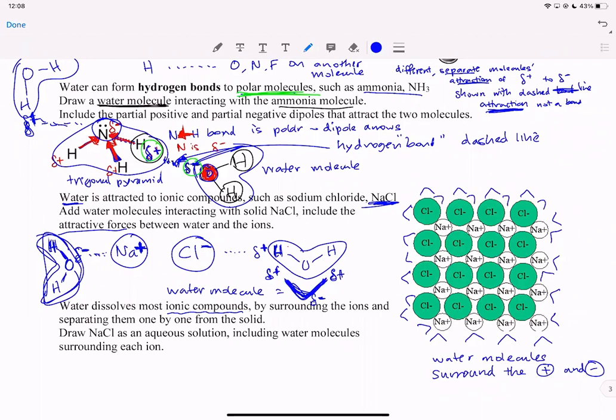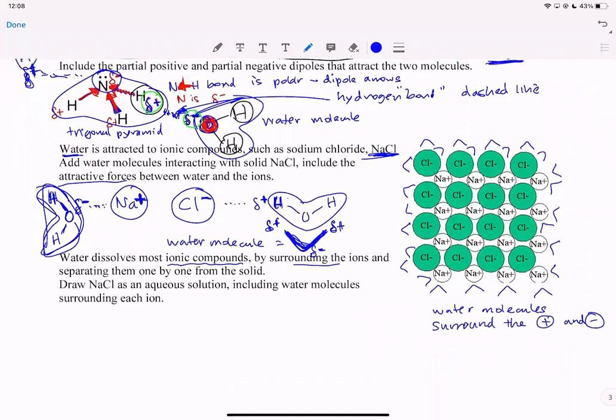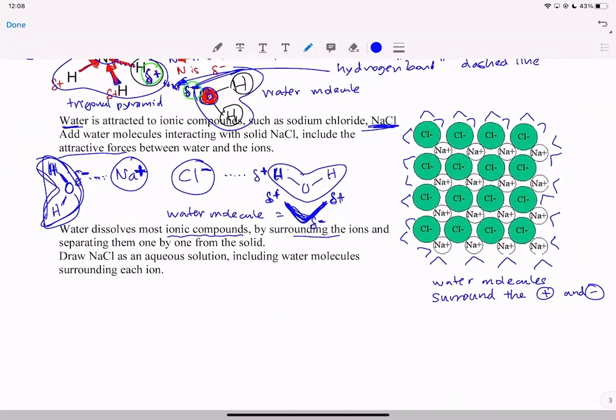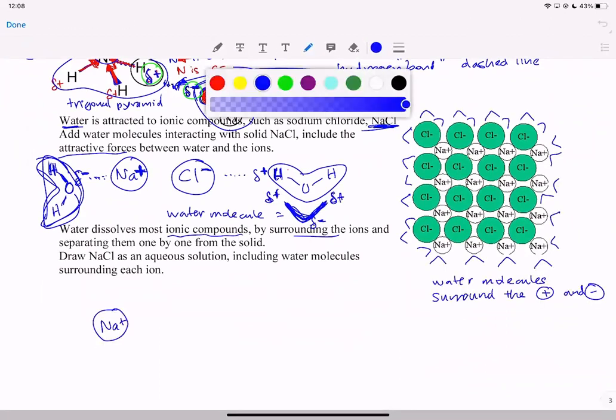And every single V I'm drawing is a water molecule that is aligning with those ions based on the positives and negatives, aligned to the attractions to the partial negatives and partial positives. And so the surrounding of those ions happens and literally pulls these ions off one at a time. Okay. And so eventually you would have a sodium ion. This is a positive sodium that is surrounded by individual water molecules.